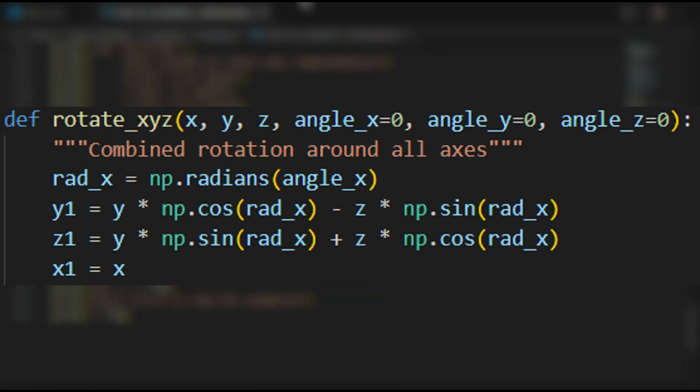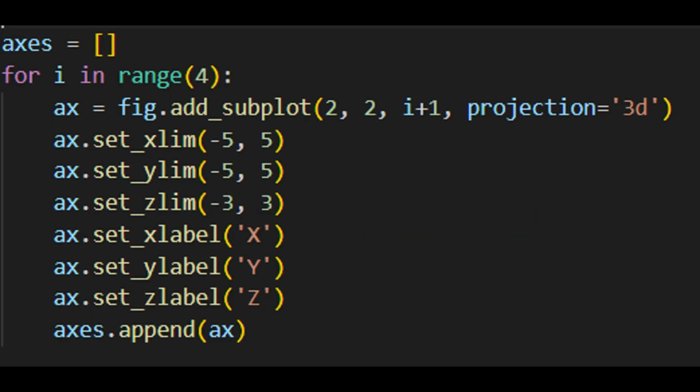And this code sets up our visualization layout with four 3D subplots arranged in a 2x2 grid. We use a for loop to create each subplot, with the add_subplot function with parameters 2, 2, i plus 1, which creates a 2-row, 2-column grid, placing each subplot at position i plus 1.